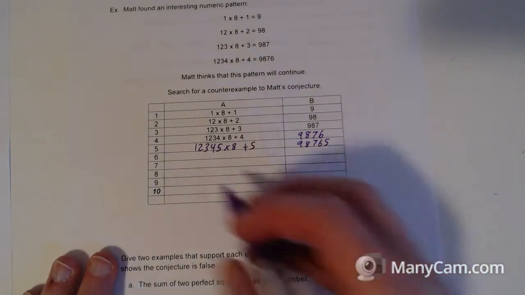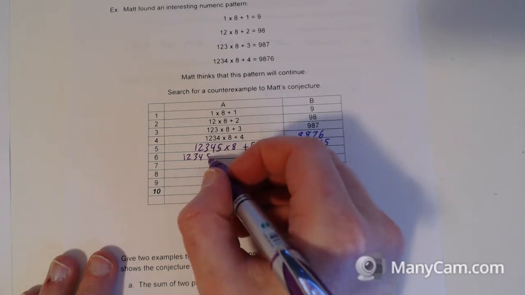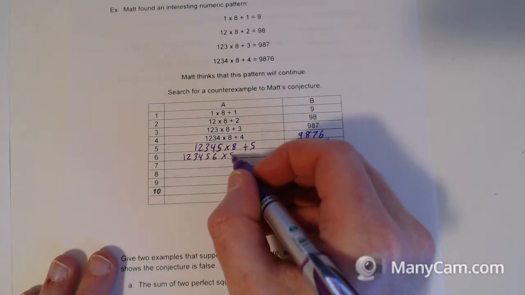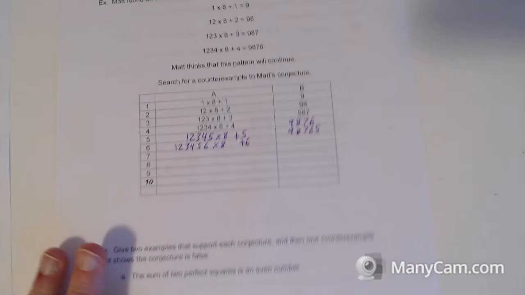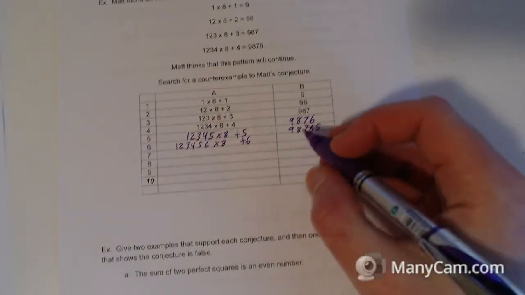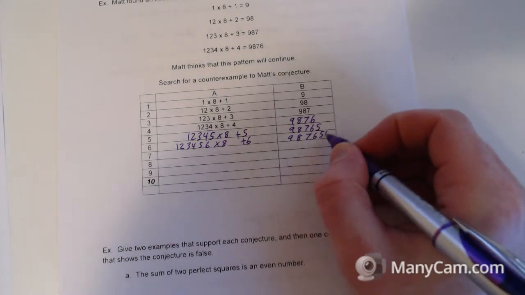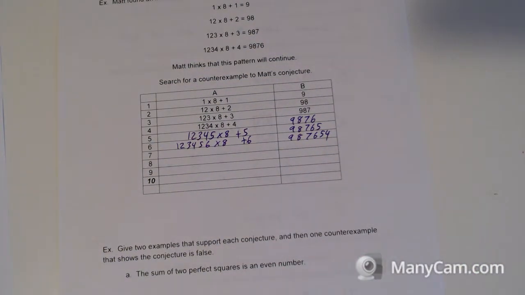Okay, still holds. Let's try the next one. 1, 2, 3, 4, 5, 6 times 8 plus 6. I get 9, 8, 7, 6, 5, 4. Huh.